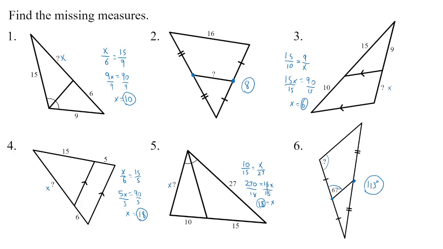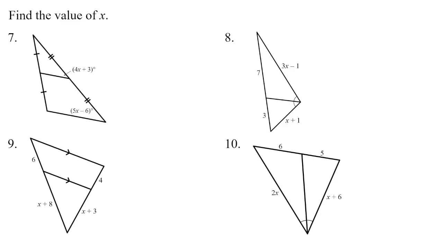So now, let's look at some more examples. Let's say you are to find the value of x. All right, so number 7, well, this is a midpoint and this is a midpoint. And we have the mid-segment theorem that says that not only that line segment is 1/2 the third side, but it's also parallel to that third side. So now we have this angle and this angle.